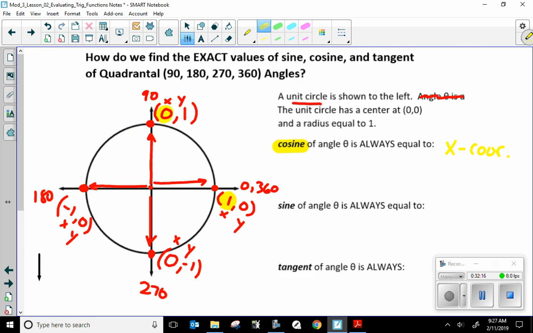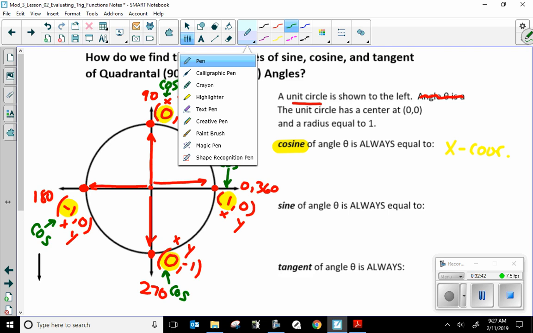It's the x value at 90. What's the cosine of 180? The x value. The cosine of 270? It's the x value. So my cosine of 0 degrees or 360 is 1. The cosine of 90 is 0. Then the cosine of 180 and the cosine of 270.